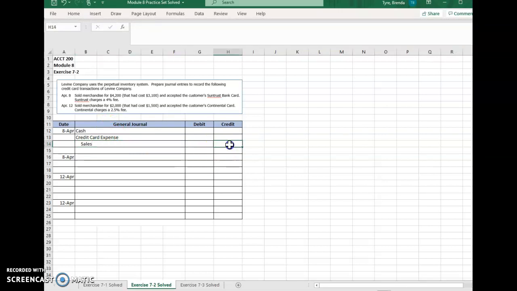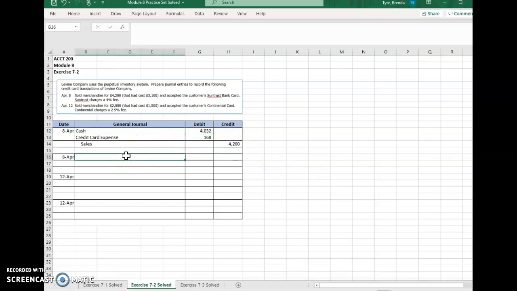Well, the sales is the easy part. That's 4,200. And the credit card expense is 4% of that. So we'll take the 4,200 times 0.04. So the cash we receive is the 4,200 minus the credit card expense of 168.